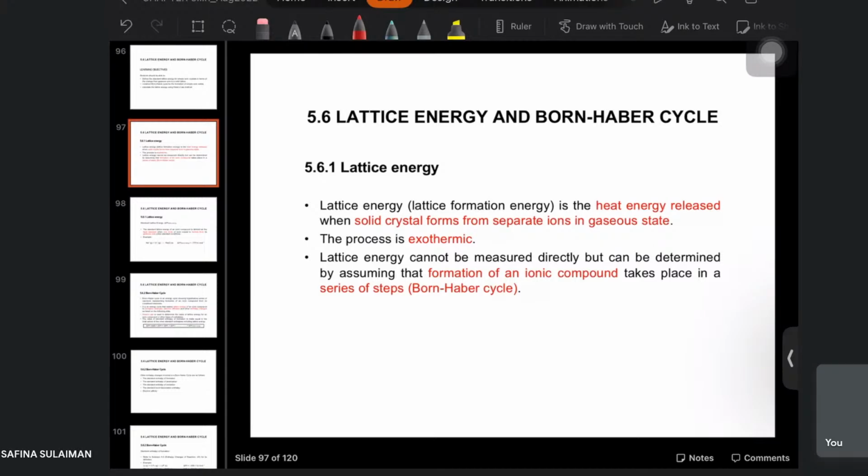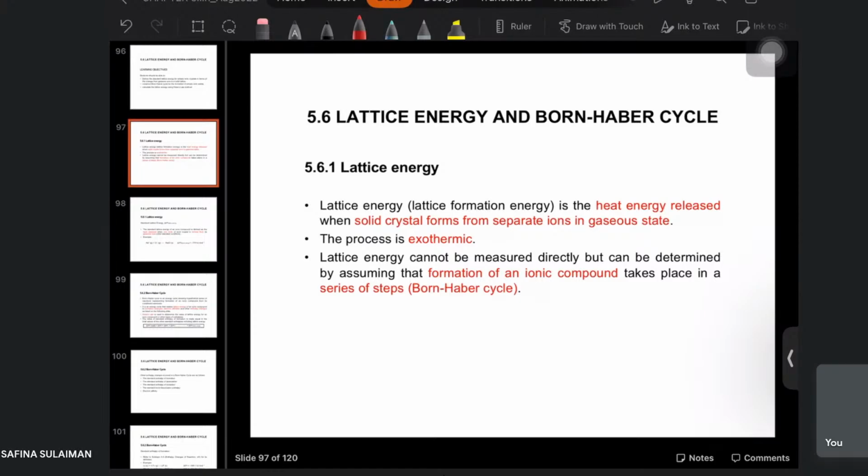Okay, so kalau you compare dalam 5.6 dengan chapter 3, untuk lattice energy dalam chapter 5 ni, it is in terms of heat energy release when ions in gaseous state form the solid crystal.